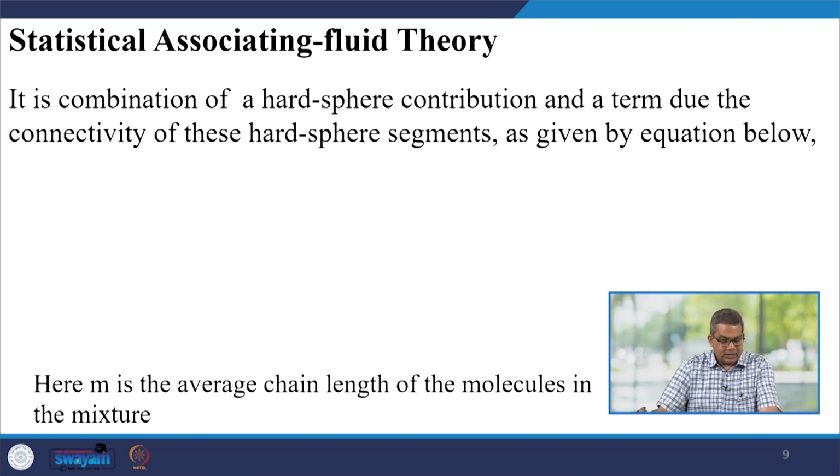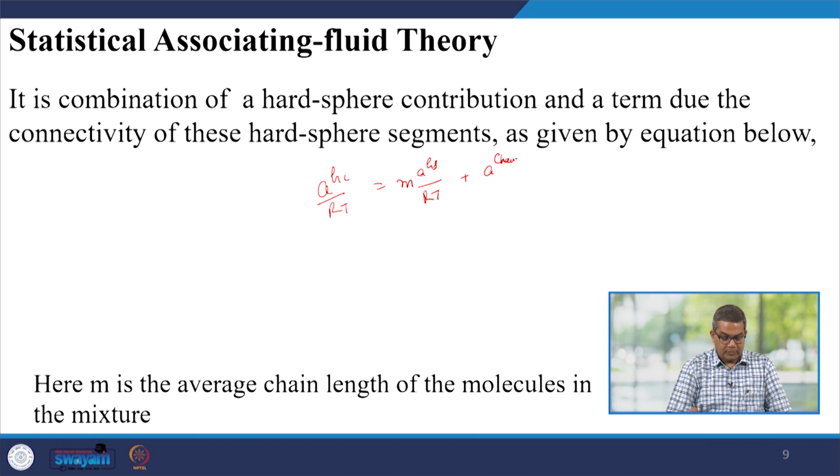It is the combination of a hard sphere contribution and a term due to the connectivity of these hard sphere segments, which is given by A HC over RT is equal to m A HS over RT plus A chain over RT.